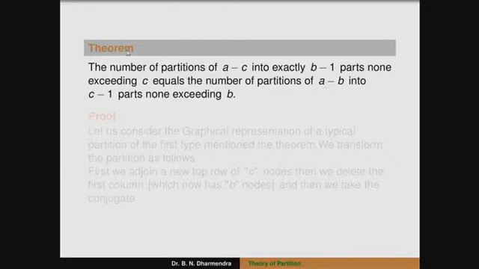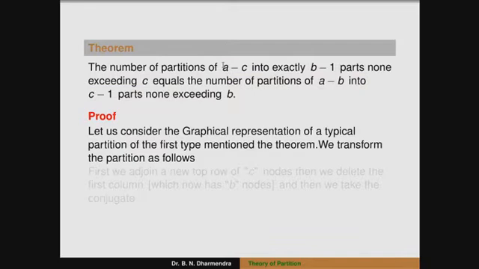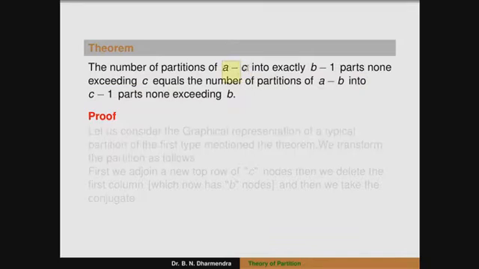So the first statement is called A, and the remaining terms of this statement are B. When I consider the earlier theorem, I discuss it like this. The number of partitions of A minus C into exactly B minus 1 parts, that is the number of rows.